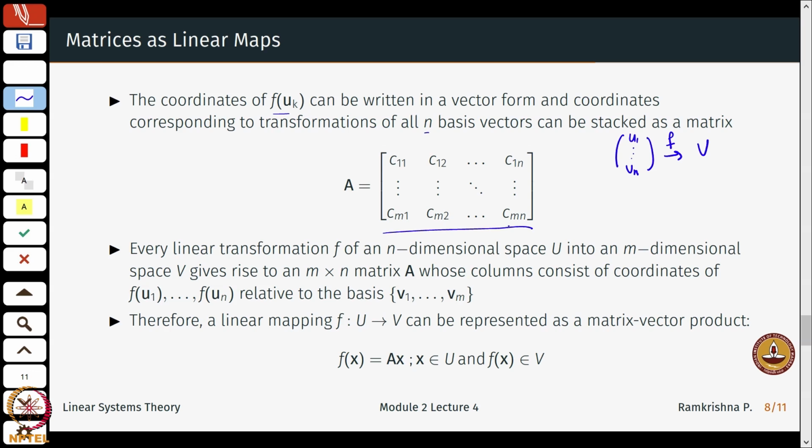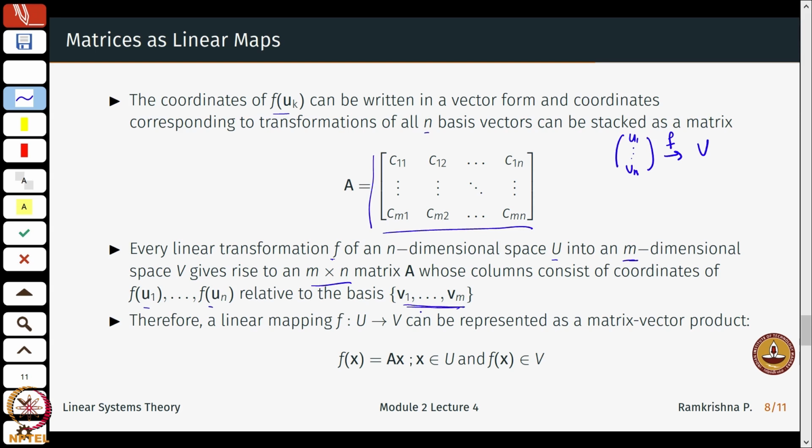Okay. So, every linear transformation f of an n dimensional subspace u into an m dimensional subspace v gives rise to an m cross n matrix A, whose columns consist of the coordinates of f(u1) until f(un), again with respect to the basis v1 till vm.